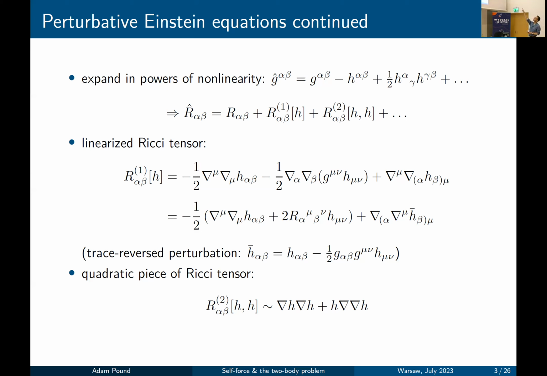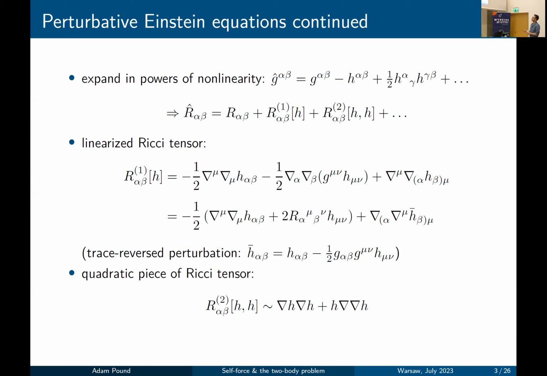So we now plug this expansion into that capital C and expand out the capital C in powers of h, and then plug that into my expression for the exact Ricci tensor. We then get an expansion of the Ricci tensor in powers of the perturbation h.